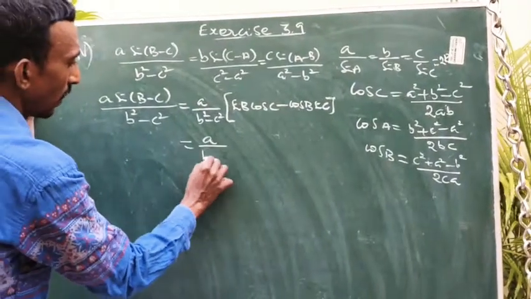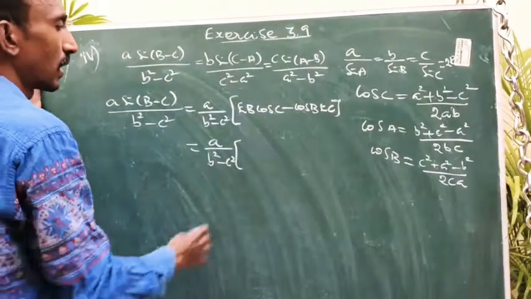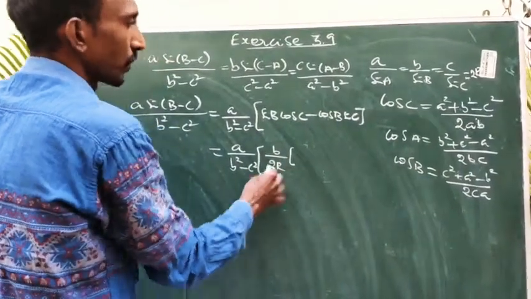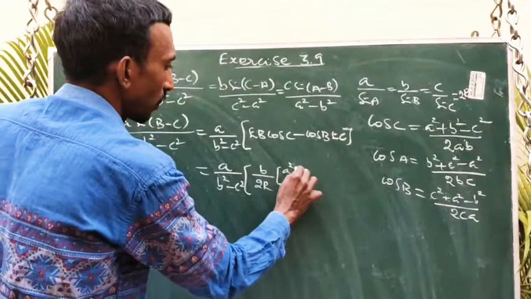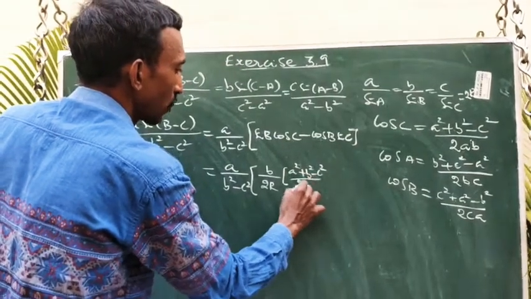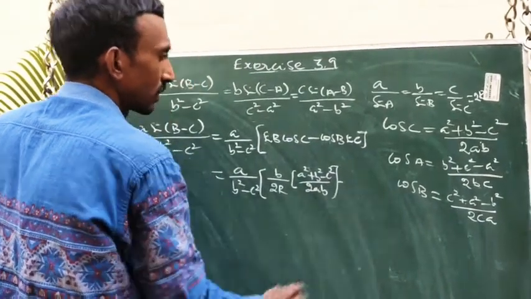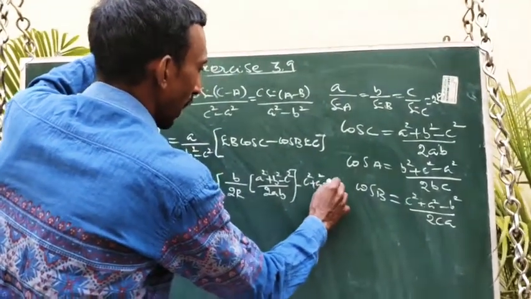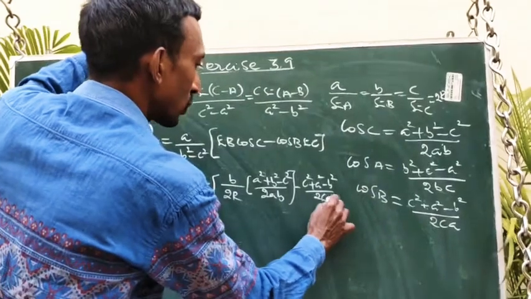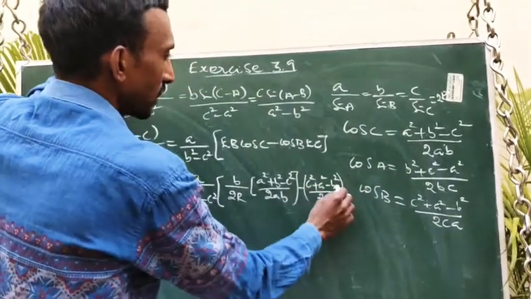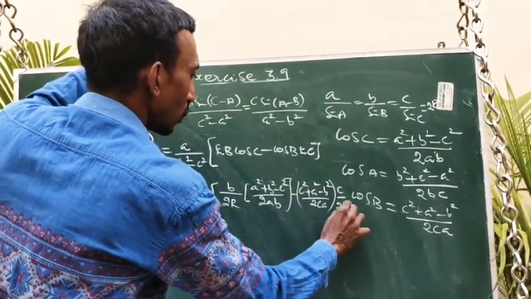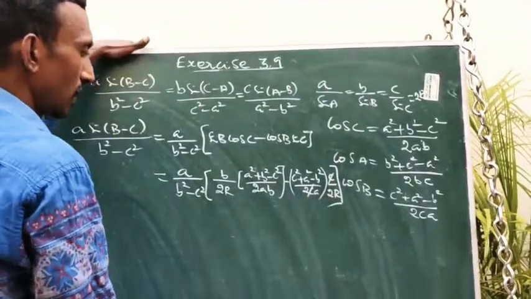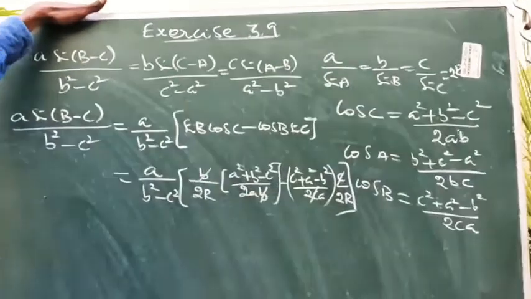So a by b square minus c square into sin B is b by 2R into, what is cos C? a square plus b square minus c square by 2ab. So minus, what is cos B? c square plus a square minus b square by 2ca into sin C, so c by 2R. So this c cancels, here b cancels.